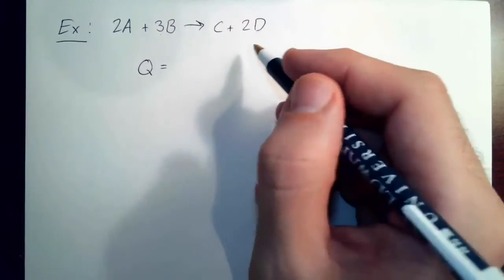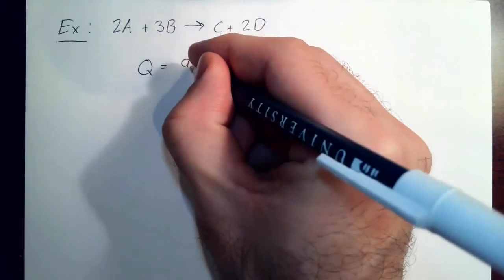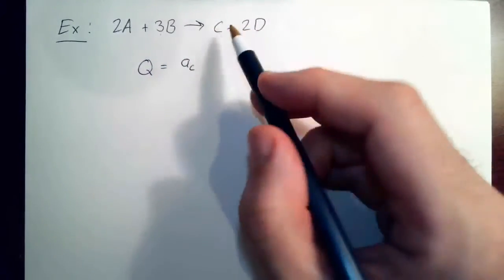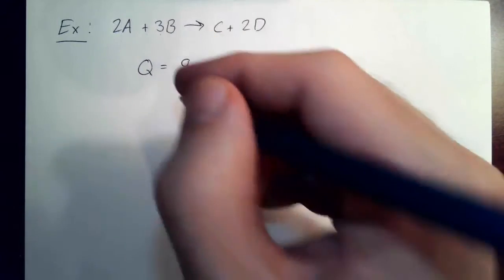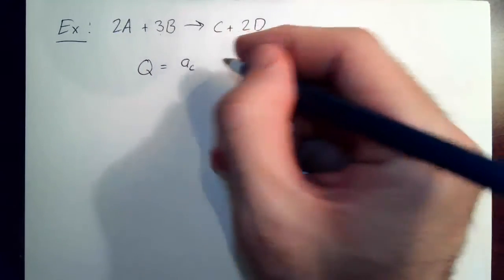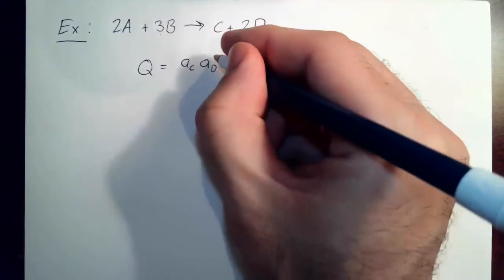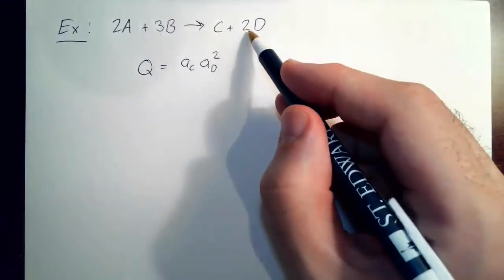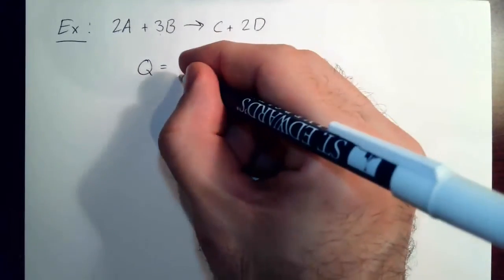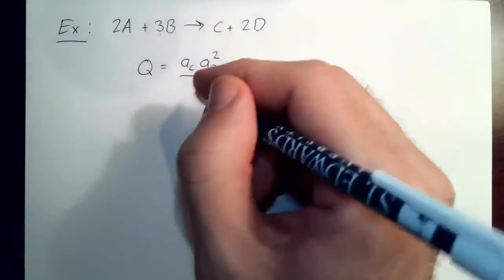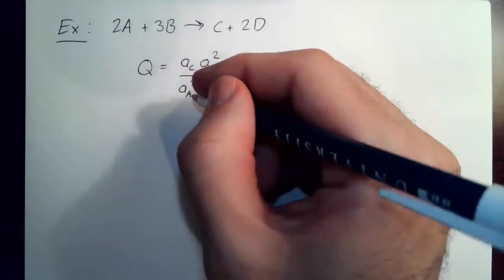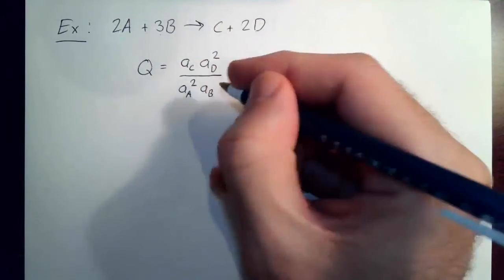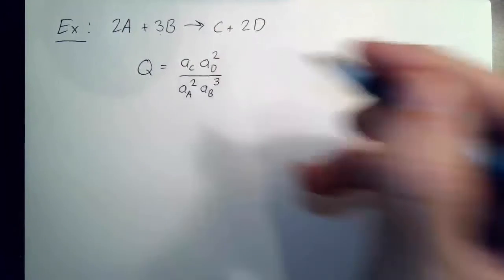the products, so the activity of C to the power of 1, in this case, is the stoichiometric coefficient, times the activity of D squared, because that's the stoichiometric coefficient in front of D, over the activity of A squared times the activity of B cubed.